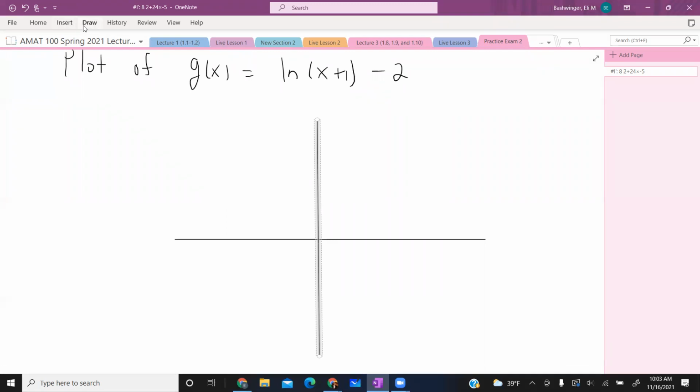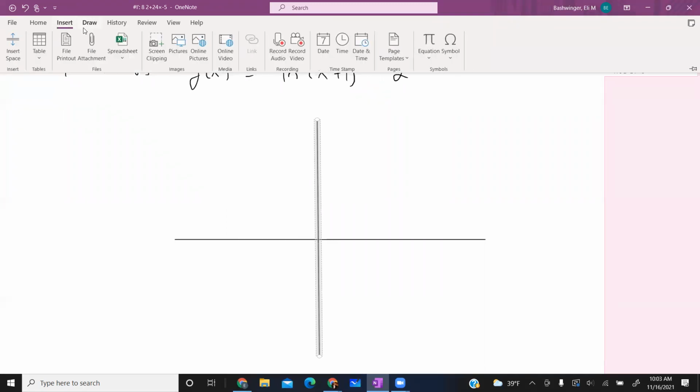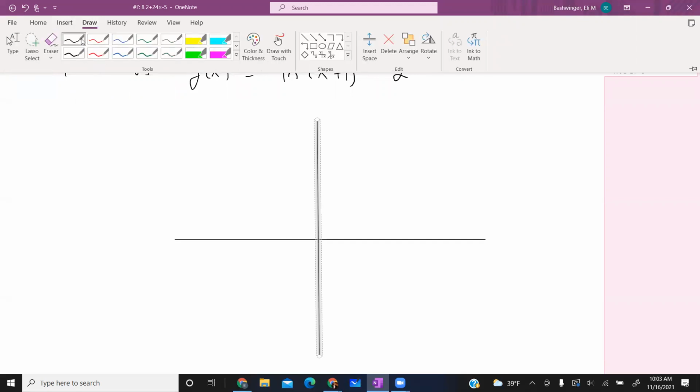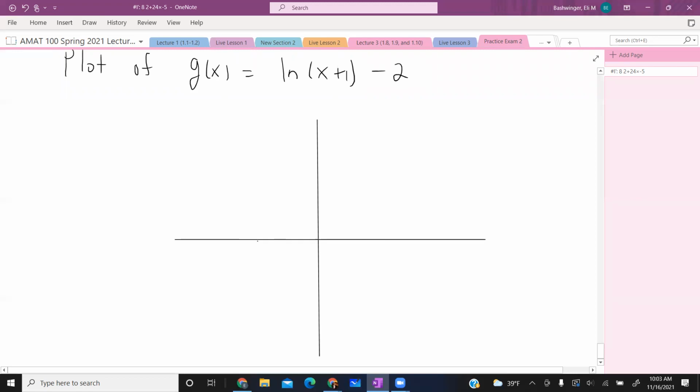So if you shift downward, the vertical asymptote doesn't move. So we'll still have a vertical asymptote at x equal to -1, just like right here.